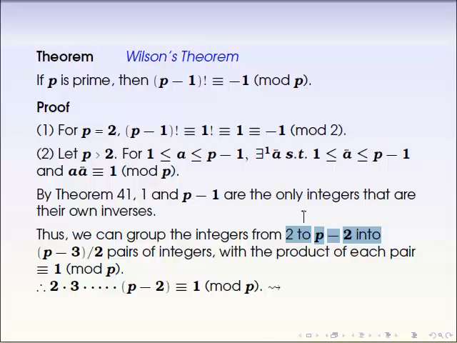Then if a is any integer between 2 and p minus 2, then its inverse must also be between 2 and p minus 2. So we can regroup these integers from 2 to p minus 2 into pairs of integers, and the product of each pair must be congruent to 1 modulo p.